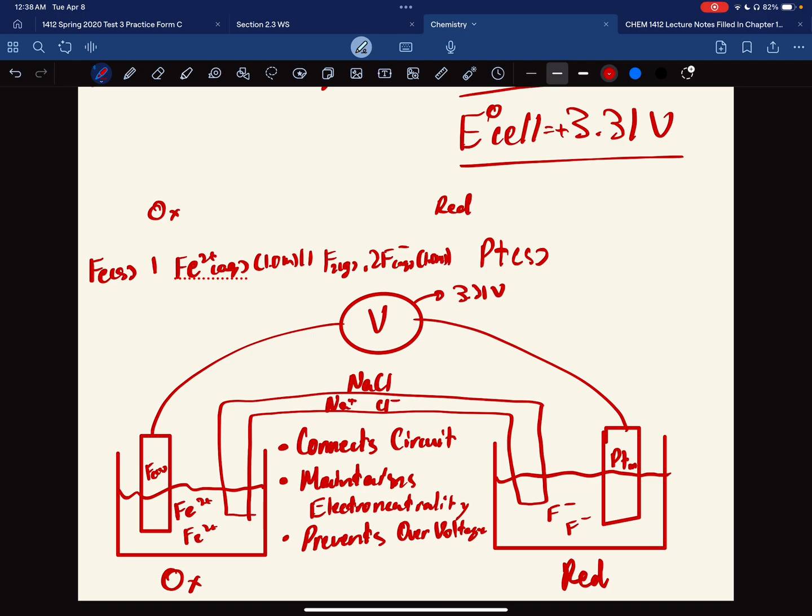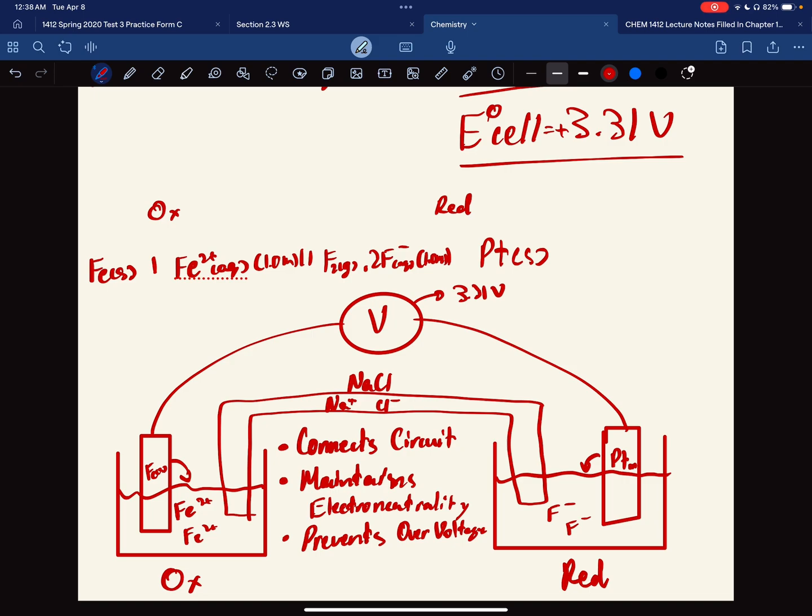For option two, electroneutrality and overvoltage, what that means is as the cell is being used, more and more Fe2+ ions and more F- ions are formed in both beakers.